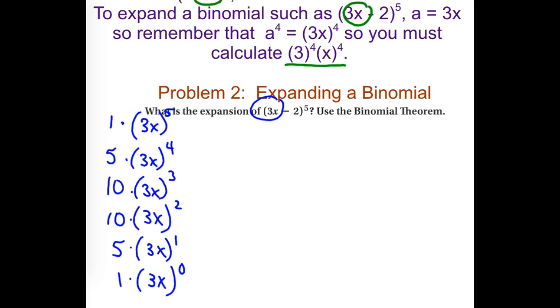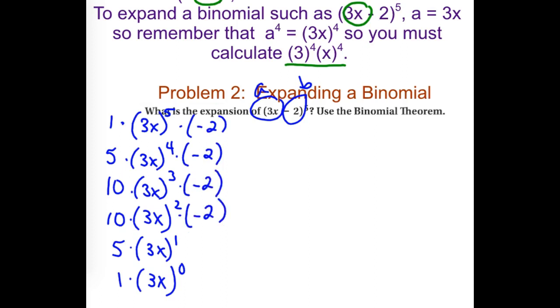What is my b term? My b has to be the -2. Yes? Okay. So my next thing I have to multiply in is b. So all of these are going to have a -2 getting multiplied. And we're going to put our powers in just a sec. And our powers for our second part, for our b piece, start with 0 and go up.